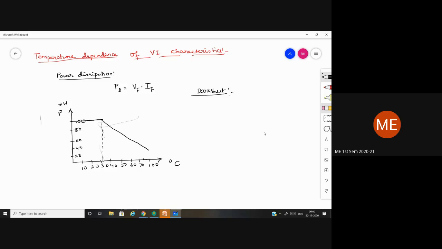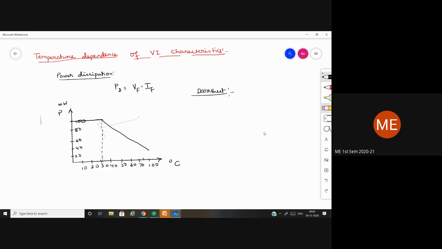So when the temperature keeps on increasing, the power keeps on decreasing. Finally, when you increase the temperature more and more, the power dissipation also gets reduced.